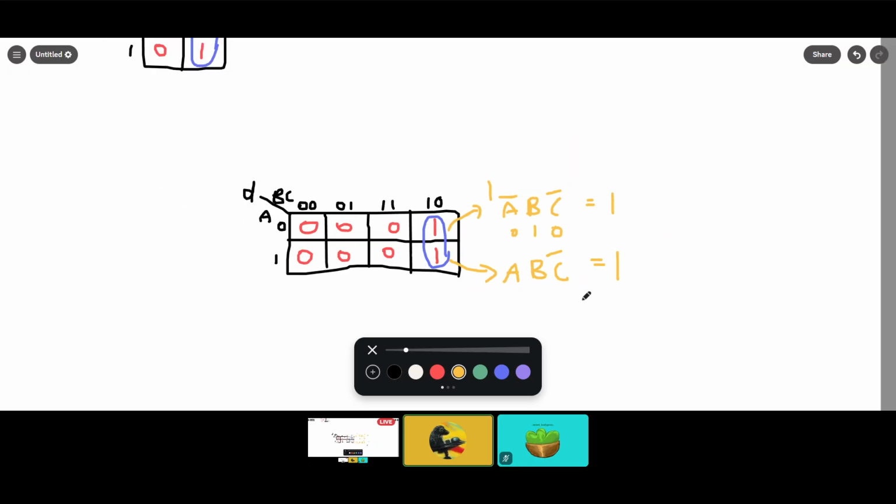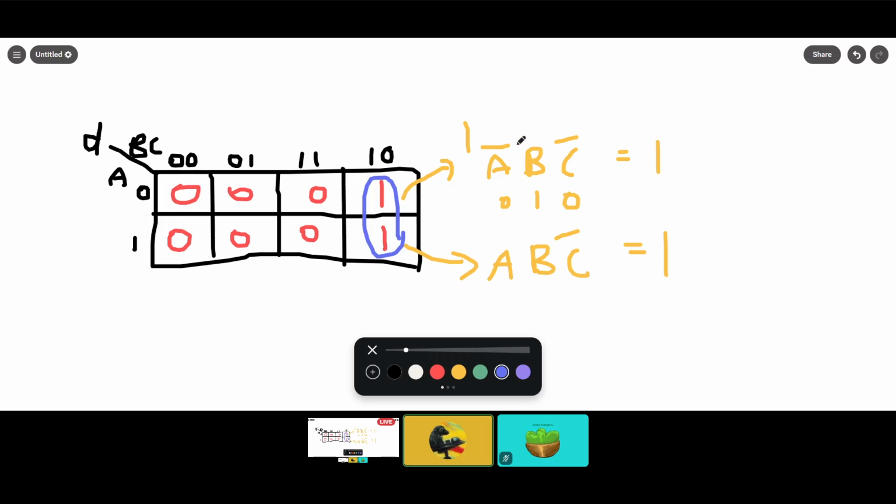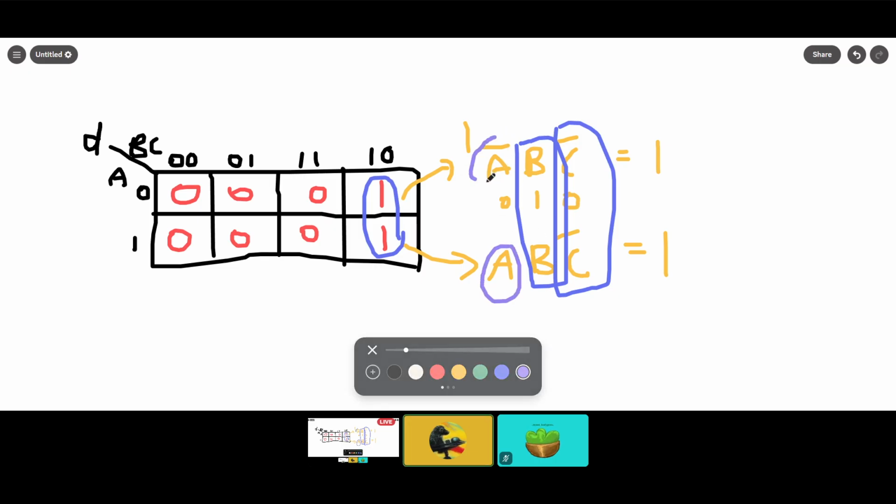So now we need to use a bit of pattern recognition. Let's look at these two expressions and ask ourselves, what is common? What is common is that B is the same, C is the same, C bar, because it's C bar in both, but A fluctuates. A is sometimes not barred, A is sometimes barred.